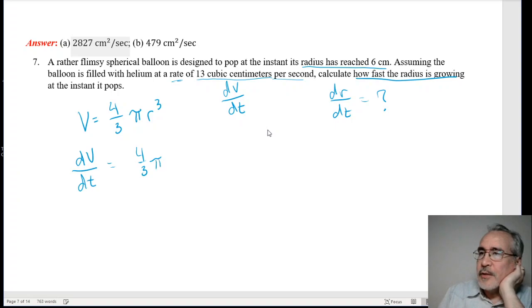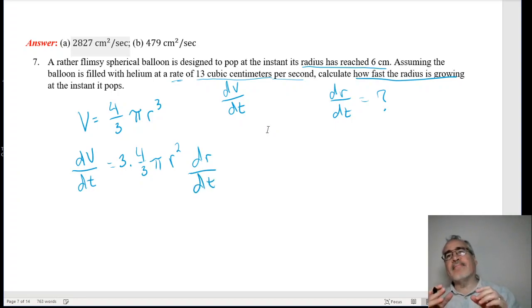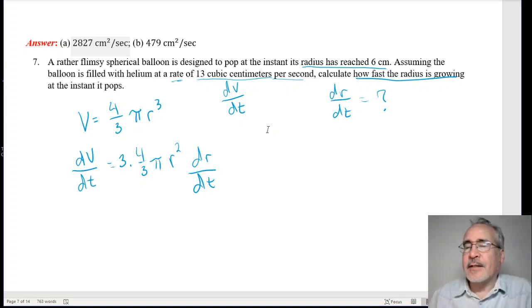They're constant multipliers. Take the derivative of r cubed, so the 3 comes down and multiplies, but subtract 1 from the exponent, so now you have r squared. And using implicit derivative rules, we took the derivative of r with respect to t. That t is that invisible variable that is involved here, because we have a dynamic situation.